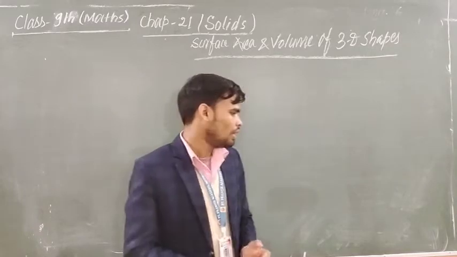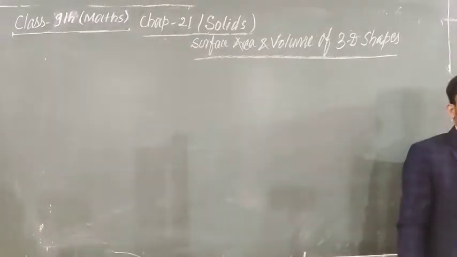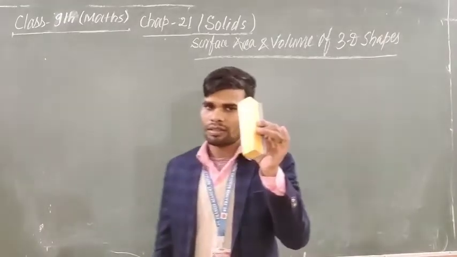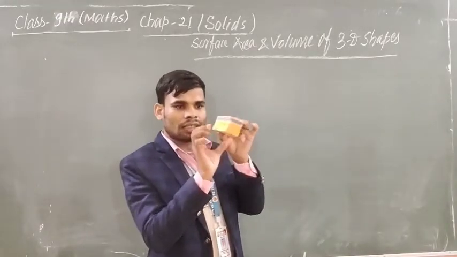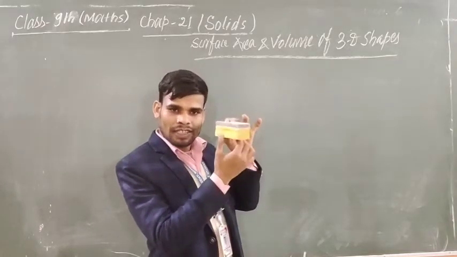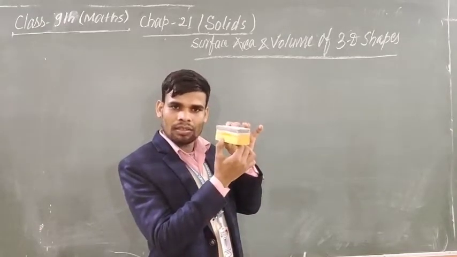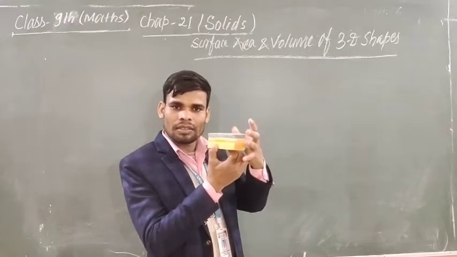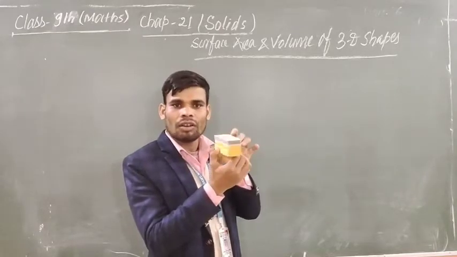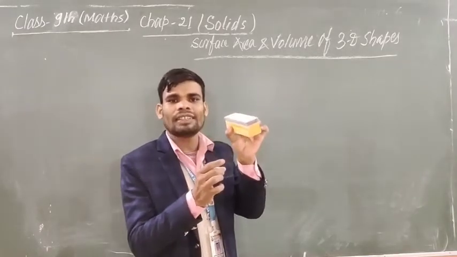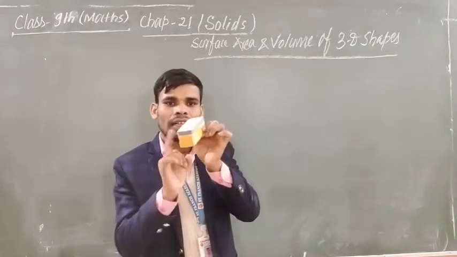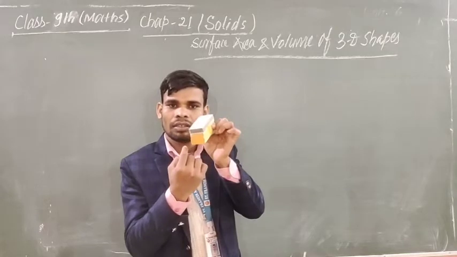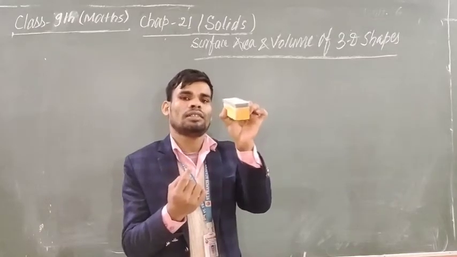For example, this duster is occupying space, it is taking some space of the universe. After that, it has a definite shape. If you put this duster anywhere, its shape will not change. So this is a solid.